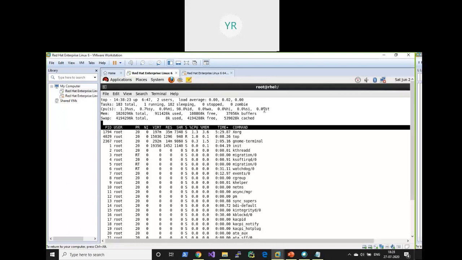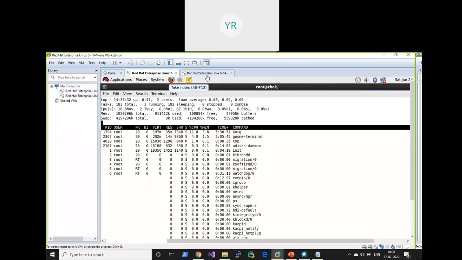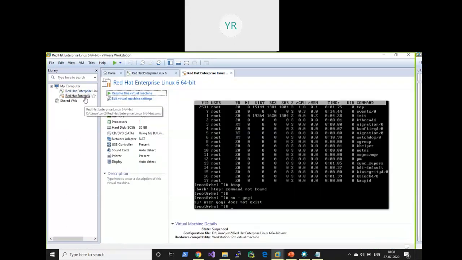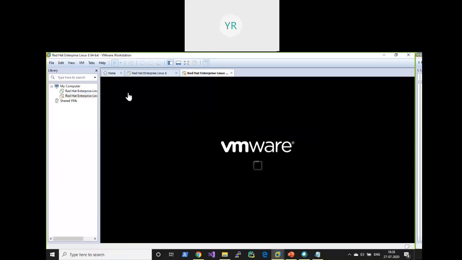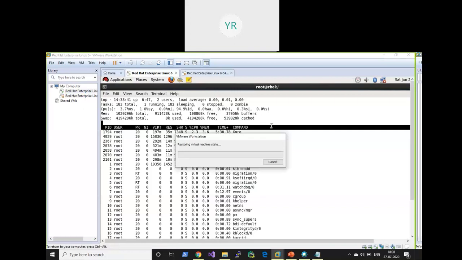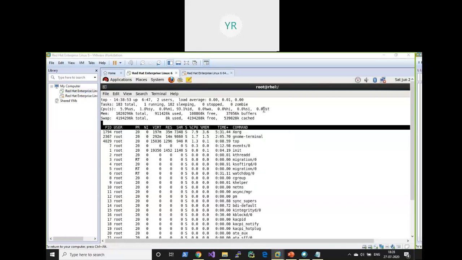If it is high, it means the CPU utilized by this virtual machine is lesser compared to other machines. Suppose this is my second machine, it is not resumed. Suppose I resume it. Now look at how it will impact. If a process on another virtual machine is taking much utilization of the CPU, then this steal time will be high. If the processes on the other machine are not taking that much CPU, as maintained by your hypervisor, then the steal time will be low.